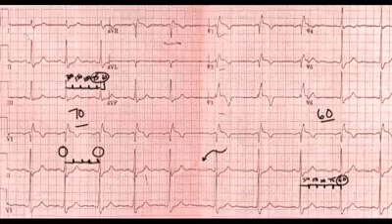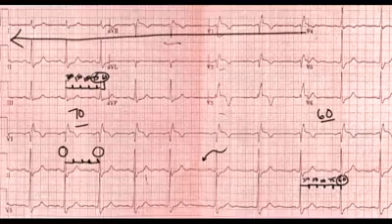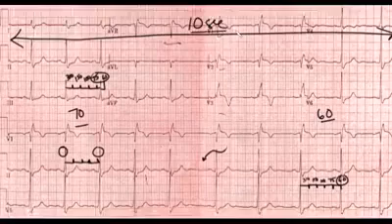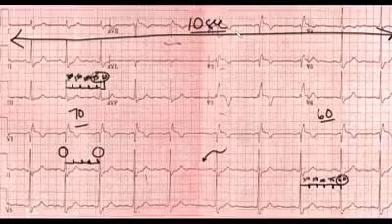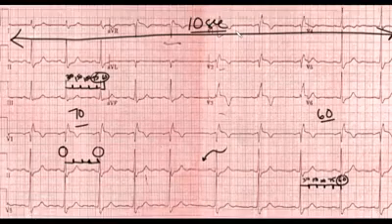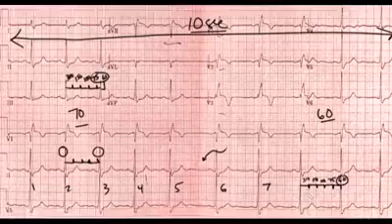Now remember that the entire strip is about 10 seconds. So if we count up the number of QRS complexes and multiply it by 6, we'll get how many complexes there are in about a minute. Let's take a look here. We have 1, 2, 3, 4, 5, 6, 7, 8, 9, 10.